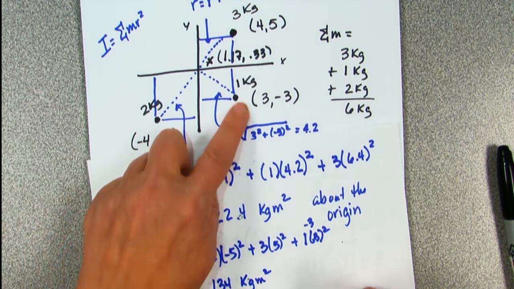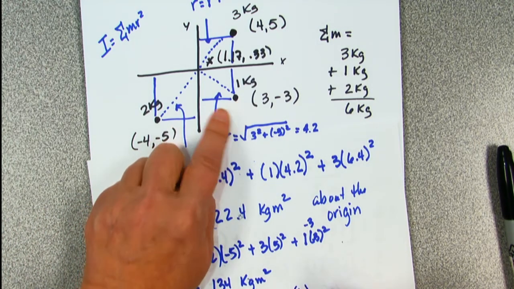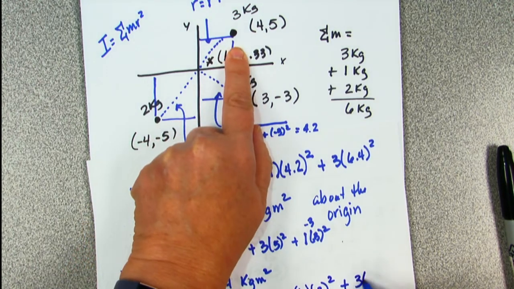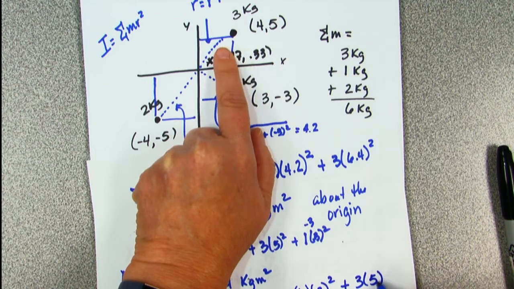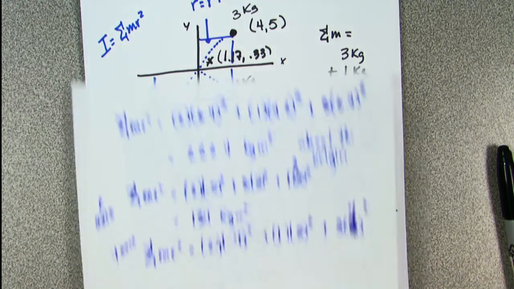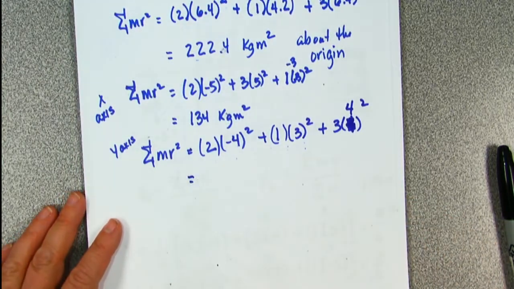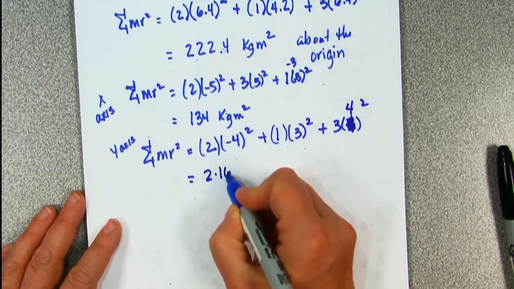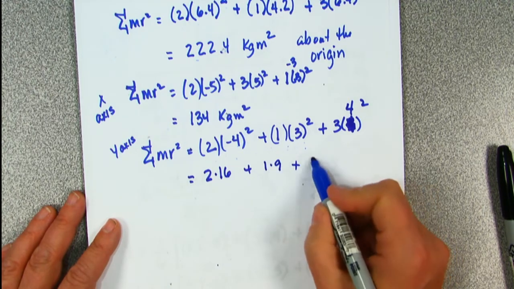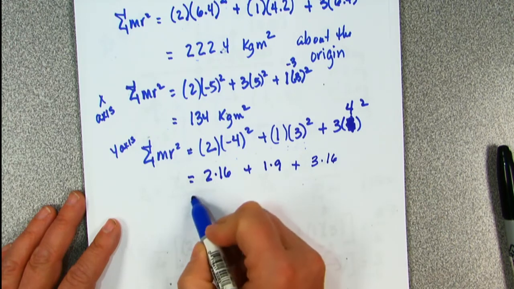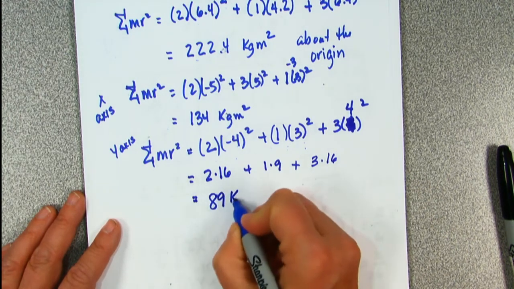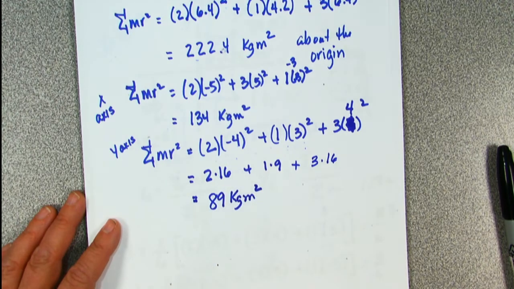I'm going to have the 1, and it's at 3 this time. And I'm going to have the 3, and it's at 4 this time. So this gives me 2 times 16, 1 times 9, 3 times 16. And if I do that, that works out to be 89 kilogram meters squared.